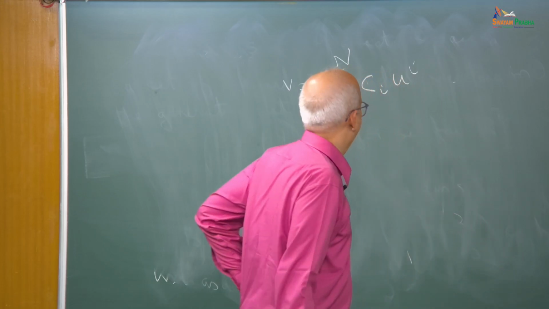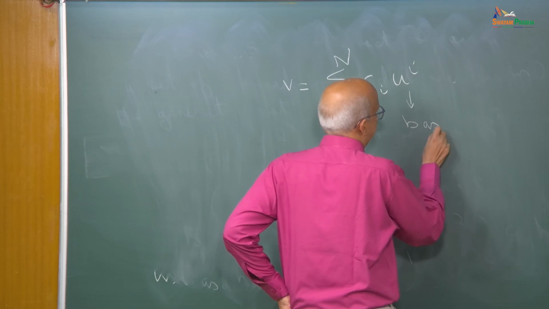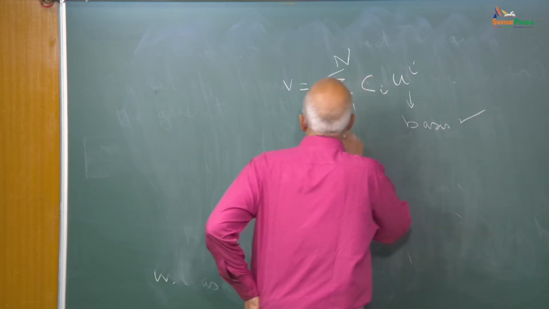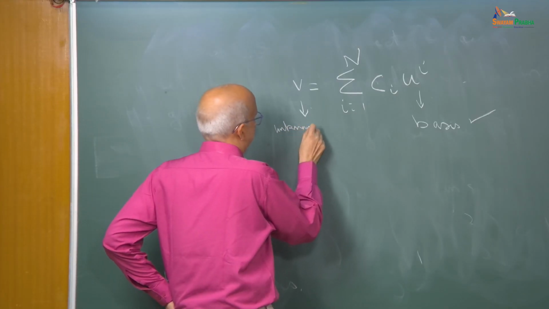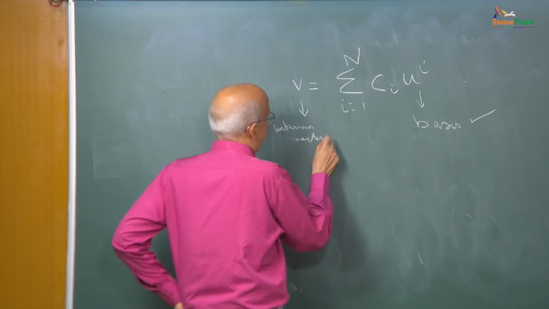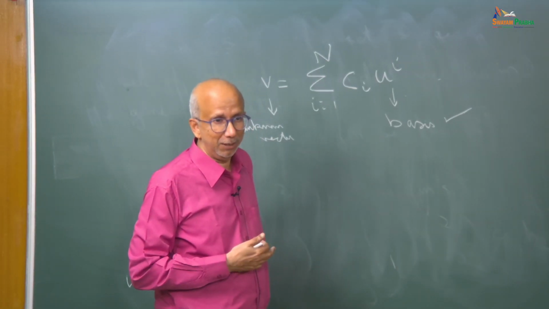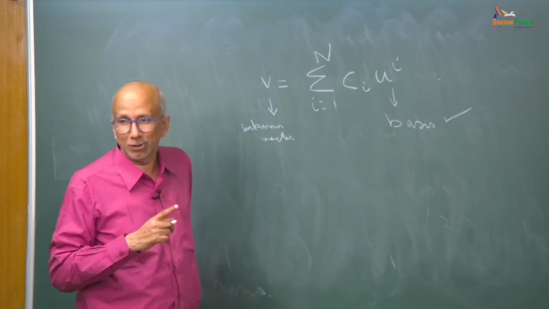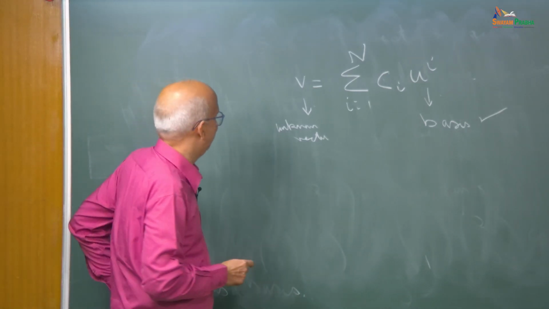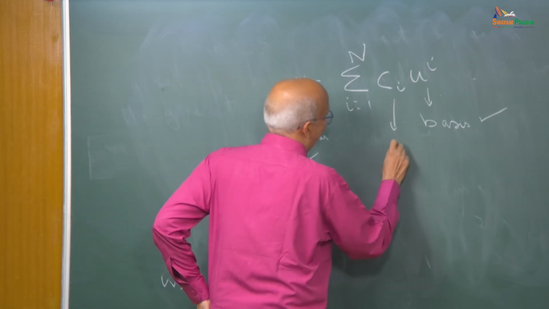So, this is the basis which is known to me. This is the unknown vector. Well, if I say unknown, maybe I do not know it, but I am trying to represent it in the form of these basis vectors. So, it is a known unknown vector. So, V is also known to me, and the Ci is what we have to figure out.